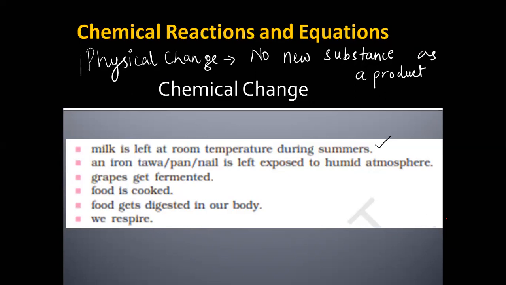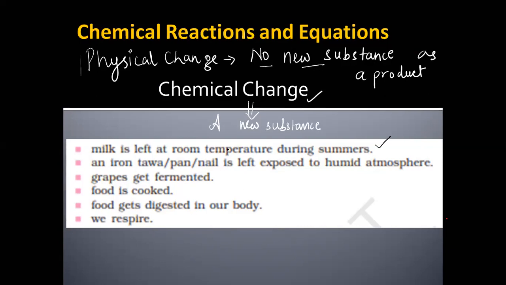Right? So what's the clear difference between physical and the chemical change? The difference is formation of a new substance. In physical change, no new substance is formed, while in a chemical change, definitely a new substance will be formed.